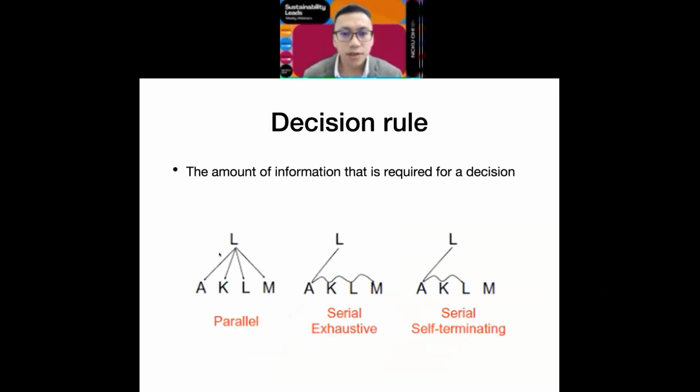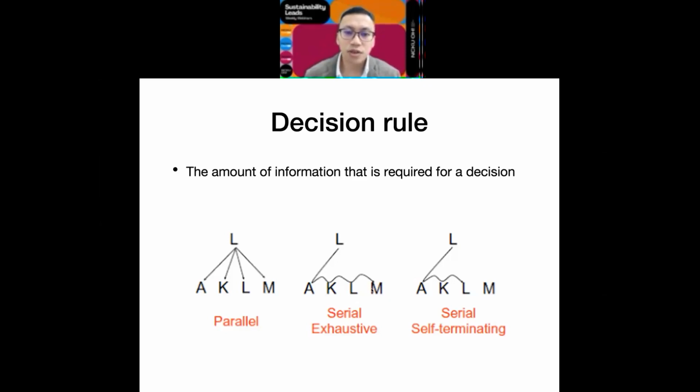The second property is the so-called decisional stopping rule, which denotes the amount of information that is required for a decision. Take a serial processing architecture as an example. For exhaustive processing, you need to serially process all the information sources before you can make a decision, no matter whether it is already sufficient for decision making.